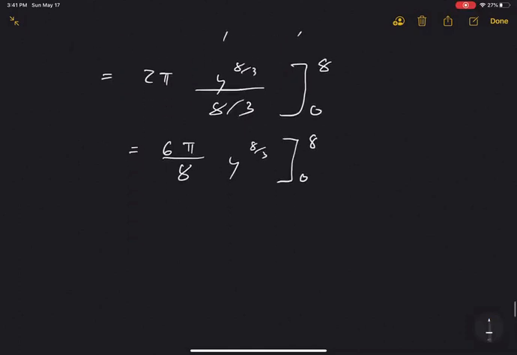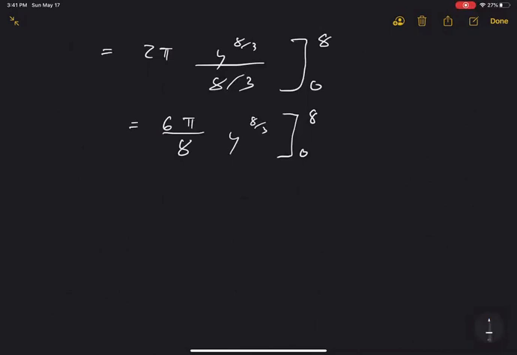Then it's just evaluating this integral, which should be 6 pi times 8 to the power of 8/3, which is 2 to the power 8, which would be 256. And then I plug in 0, and I get 0.